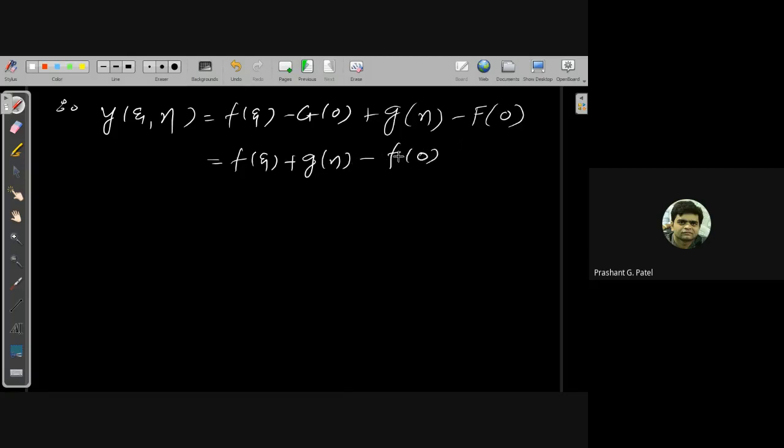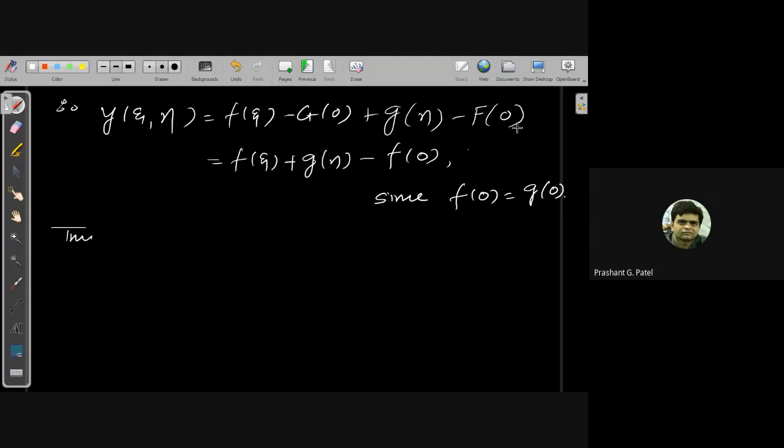Why? Because small f of 0 is the same as small g of 0. Thus, the solution is uniquely determined when both these characteristics are given. Because this f is known to you, g is known to you, and this f of 0 is also known to you.